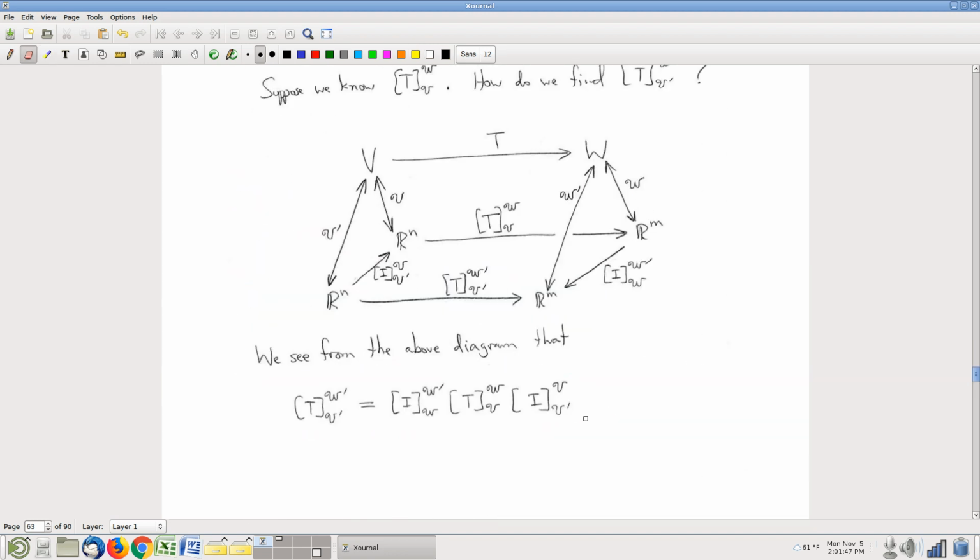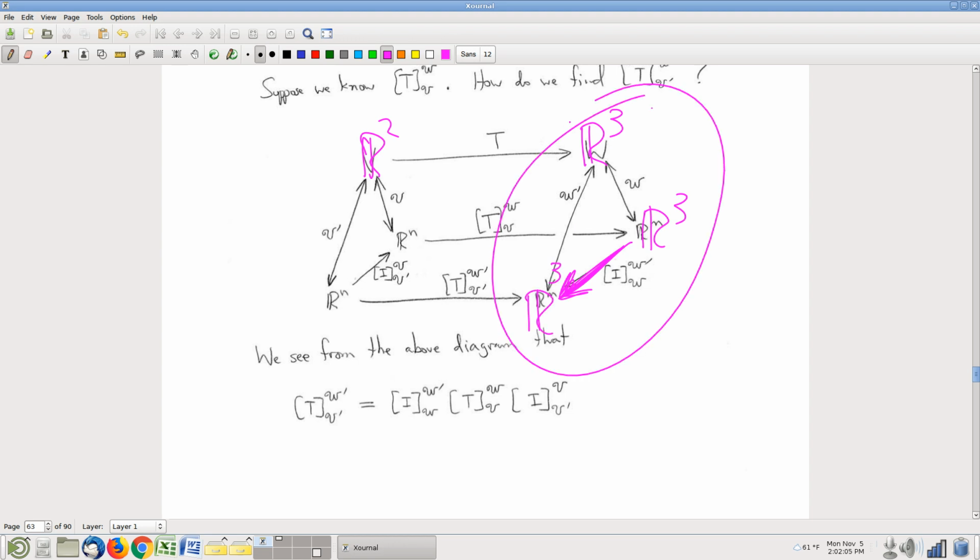So looking at this diagram, let's say that this is R2 and this is R3. Right, so the change of basis is going to still be from R3 to R3 there on this side. So yeah, there's no squareness problem. Yeah, great question. Likewise in the domain.